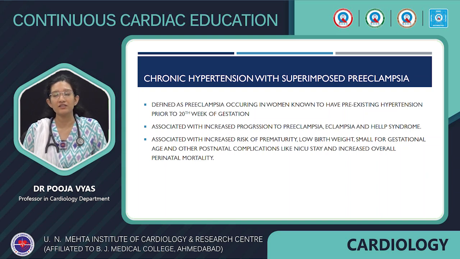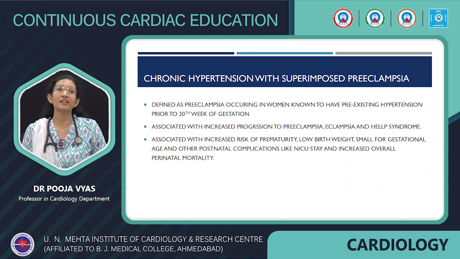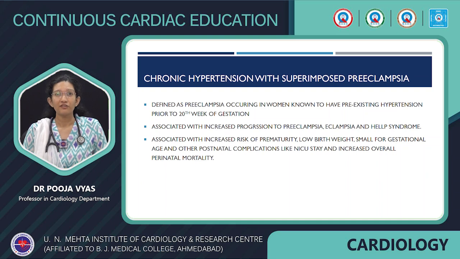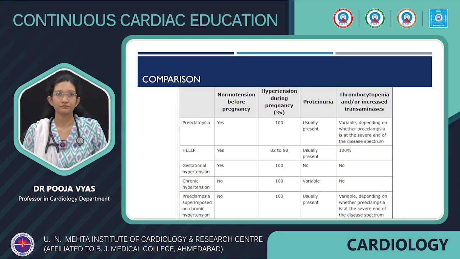It is associated with increased progression to preeclampsia, HELLP syndrome and eclampsia. So there will be increased risk of prematurity, low birth weight, small for gestational age, and other postnatal complications like prolonged NICU stay and increased overall perinatal mortality in these cases.